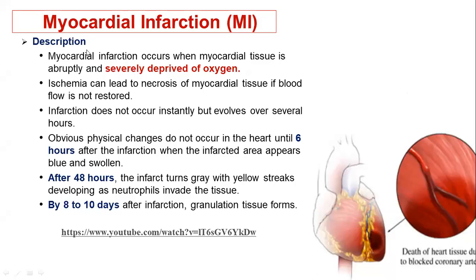So we are going to focus right now on the disease called myocardial infarction, shortly called MI, right? In this picture, you can see one of the arteries is blocked and blood supply is decreased.